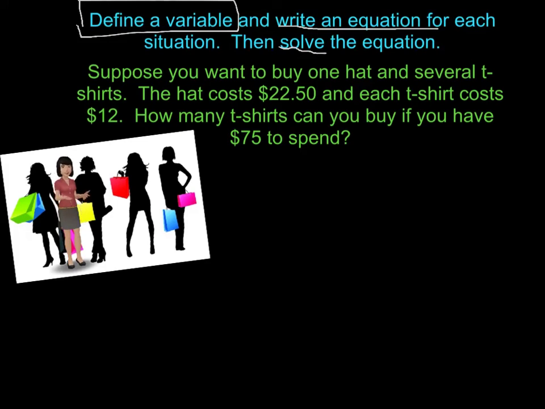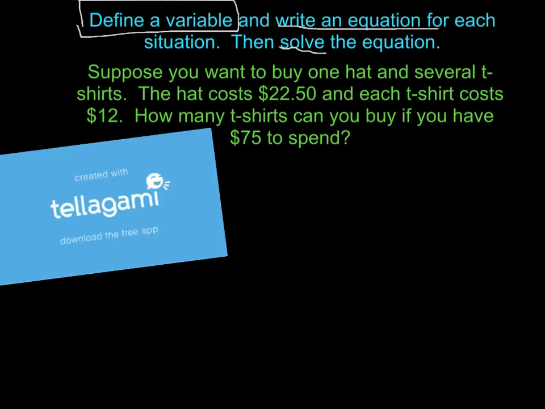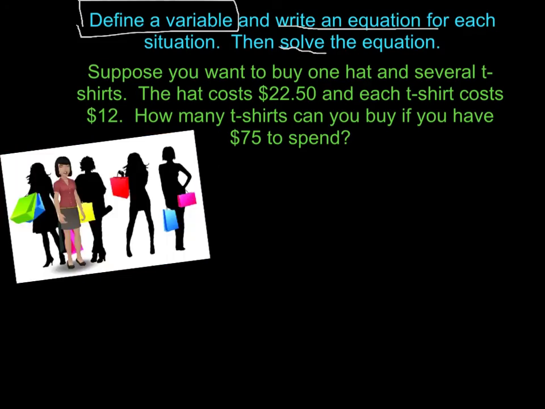Okay, so like 10, you're shopping at the mall with your friends, and you want to buy one hat and several t-shirts. The hat costs $22.50 and each t-shirt costs $12. How many t-shirts can you buy if you have $75 to spend? So you are only buying one hat, but you're buying several t-shirts.